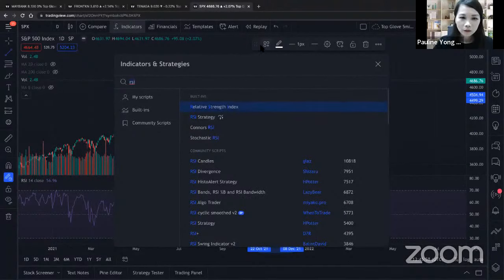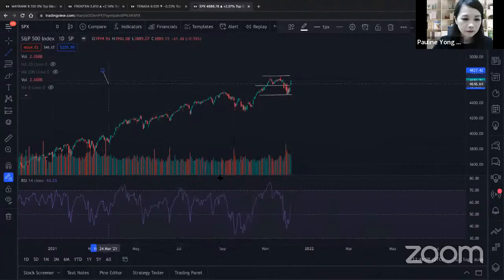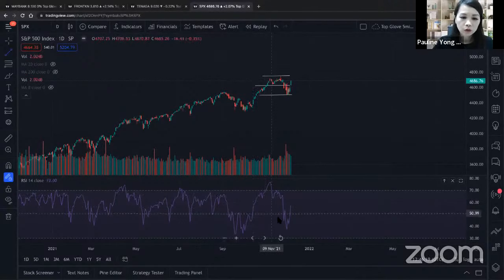Here we are looking at incorporating the trend line together with the indicator. We can draw trend lines in the indicator as well. Personally, I like to use the RSI to draw trend lines so that you can see whether there is any buying opportunity.